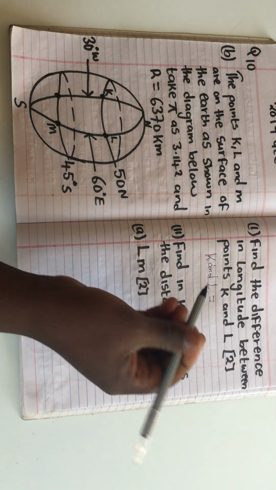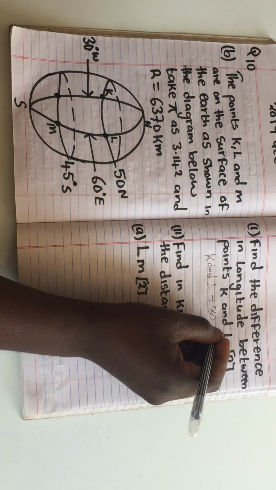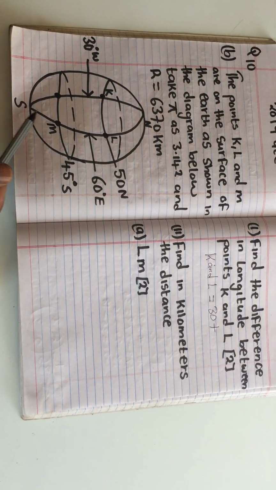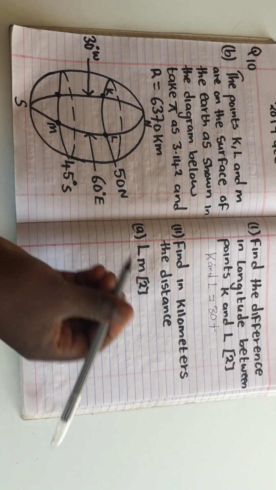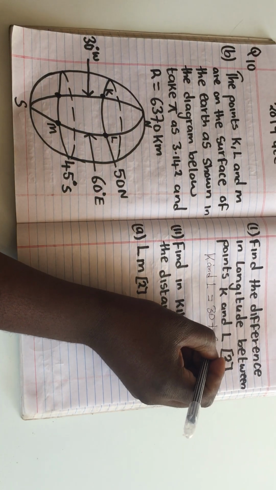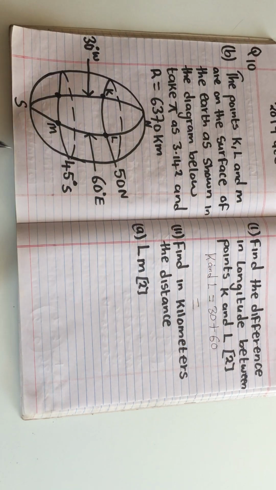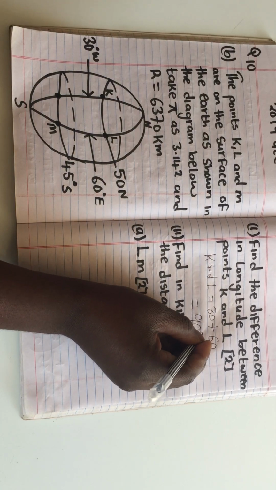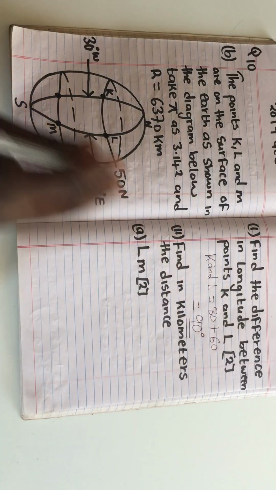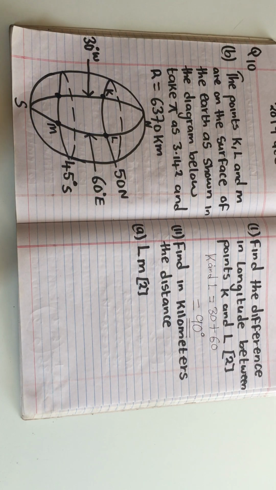It's 30. So you say 30 plus, what is the longitude for L? It's 60. So you say plus 60. What is 30 plus 60? You get 90 degrees. You end there. You get your 2 marks.